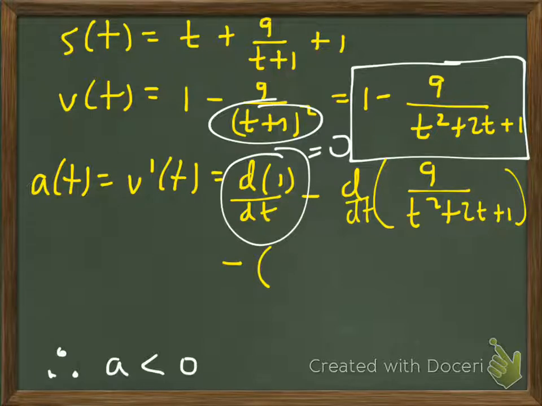Now let's find the derivative of this quotient, and the derivative of the quotient is low d high minus high d low. I'm going to need to back up a little bit, I think I need more room.